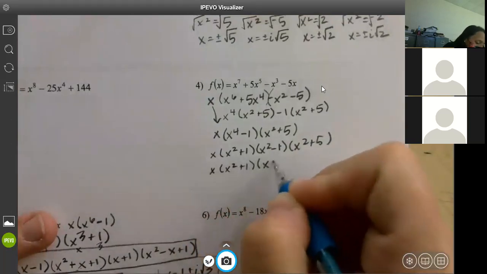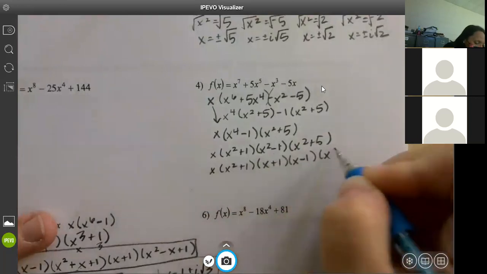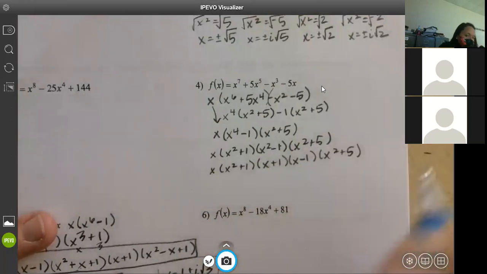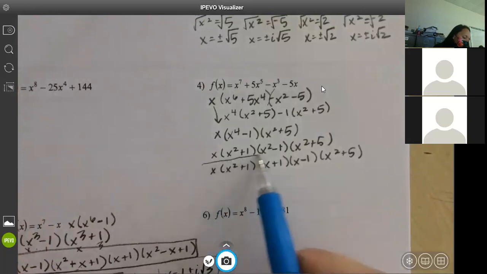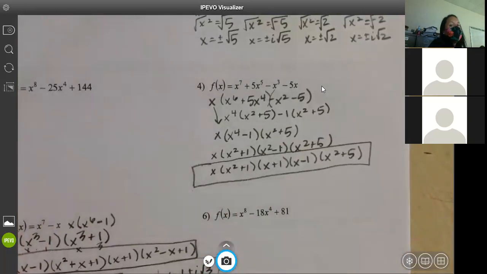X squared minus 1 is perfect square. So x plus 1, x minus 1, and then x squared plus 5. This is your fully factored form. From each one of these, you can get your solutions. Okay. Any questions on the 4 terms? Everybody good? All right, let's flip it over.